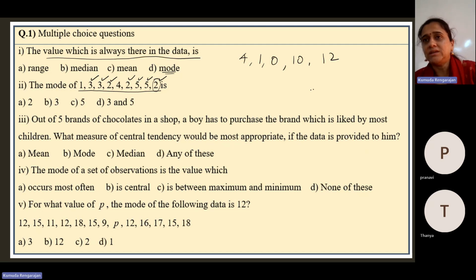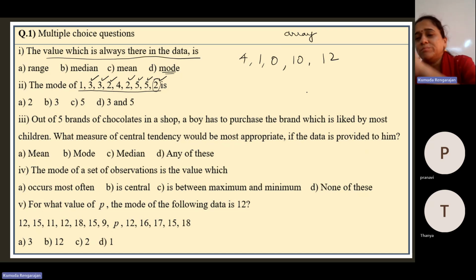To find mean or to find mode, you don't have to arrange the data. Arranging data in the ascending or descending order is called arranging the data in the form of an array. Array means arranging the data in the ascending order or descending order.